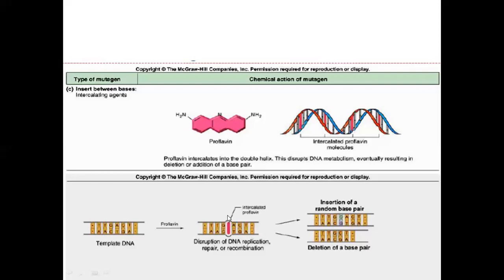So we have this intercalated proflavin that has inserted between the bases. This is how proflavin causes the mutation.